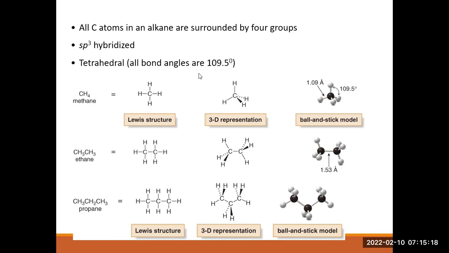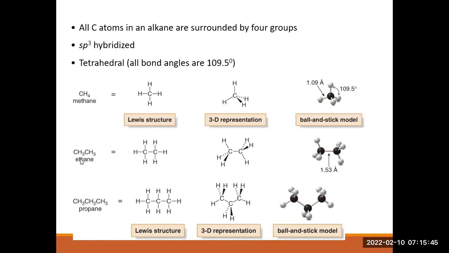That's usually the bond angle, meaning the angle at which the hydrogen atoms are connected to your carbon. So again, this is the Lewis structure, the 3D representation, and this is the ball and stick model. Specifically for a ball and stick model, you take care of the 109.5 degrees angle.